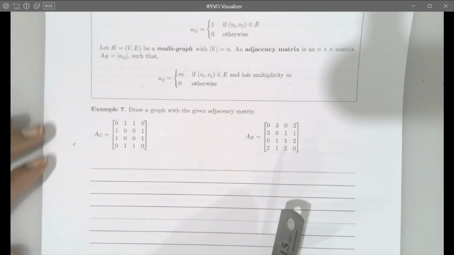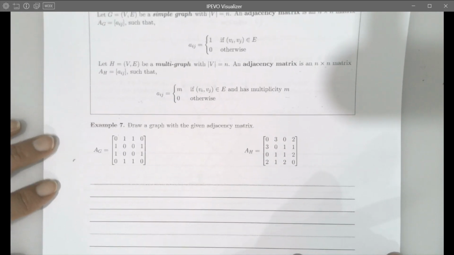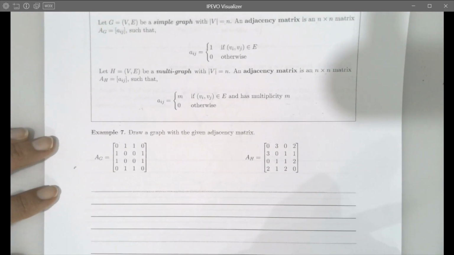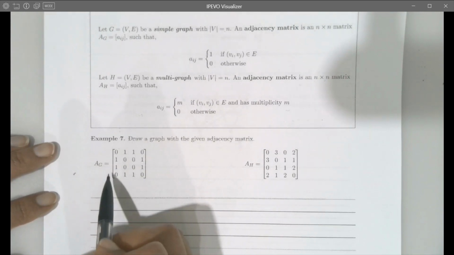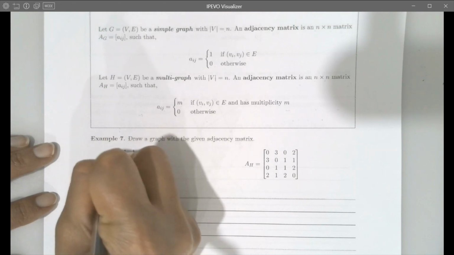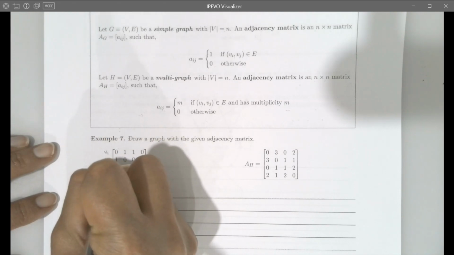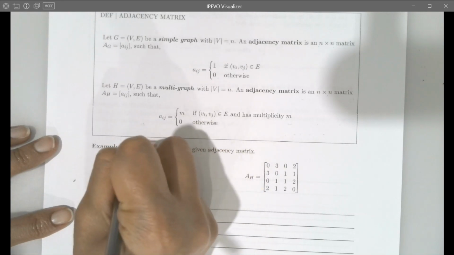To get a better idea of what those definitions are stating, let's take a look at example number 7. In this case, they want us to draw a graph with the given adjacency matrix. They don't tell us what the nodes are, so I'm going to label these V1, V2, V3, V4, and the same for the columns.